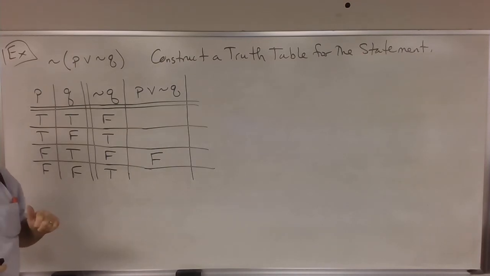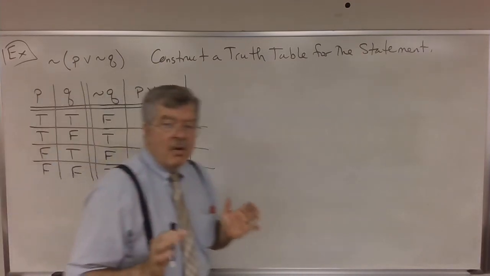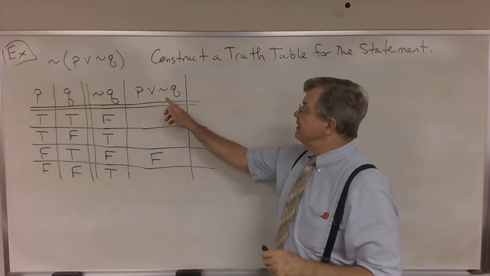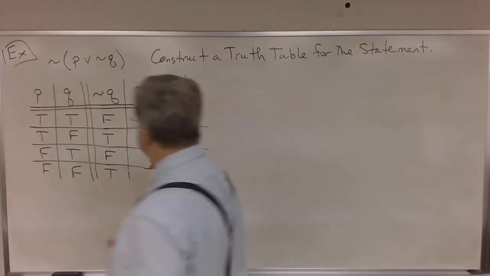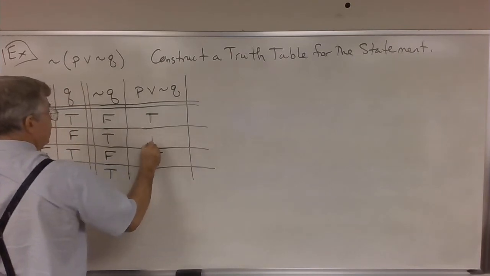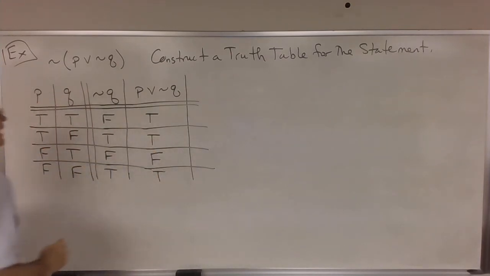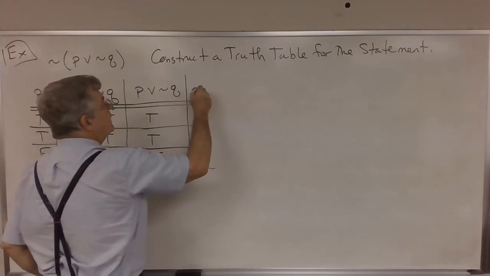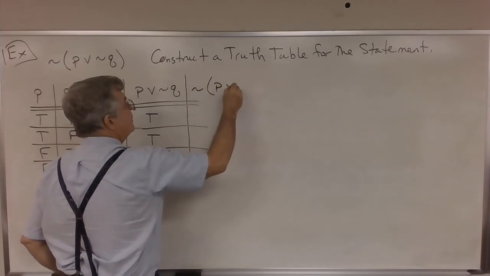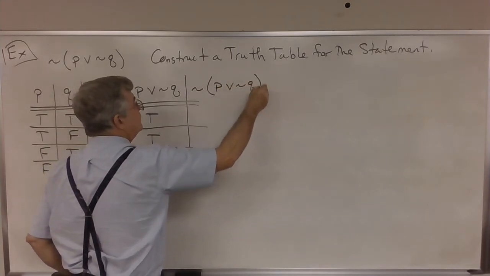That's the special case. For all other cases, P or not Q is going to be true. We can fill them in without even thinking because we know that special case. Now it looks like the only thing left to do is to negate P or not Q.